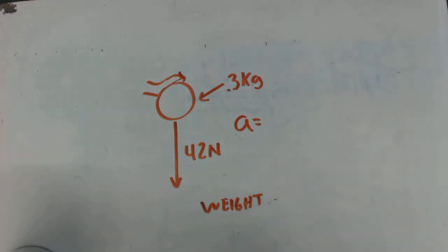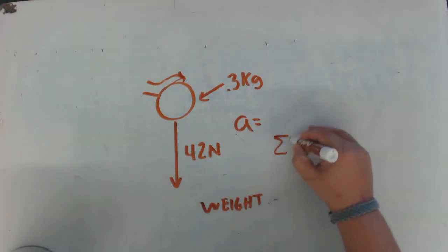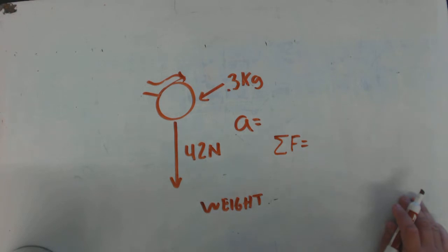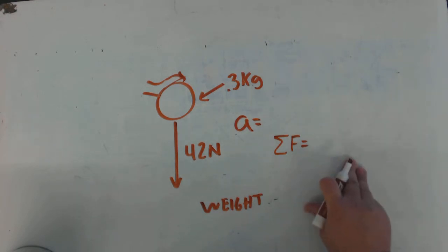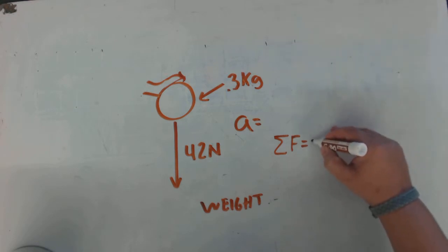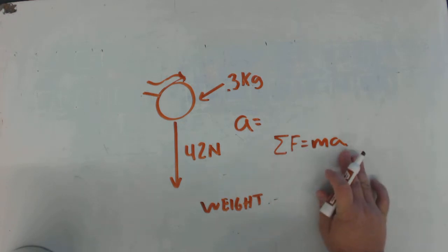Okay, so Newton's second law says that the sum of all the forces that are acting on that object produces an acceleration. And that acceleration is inversely proportional to the mass, which basically translates to this: sum of forces equals mass times acceleration.